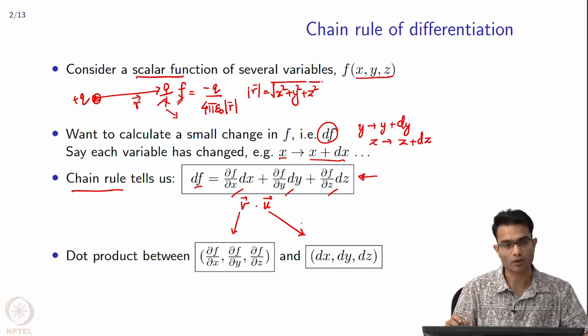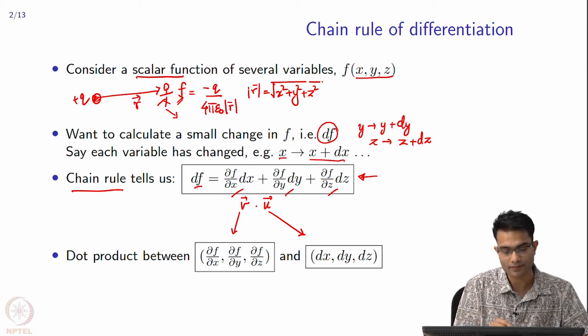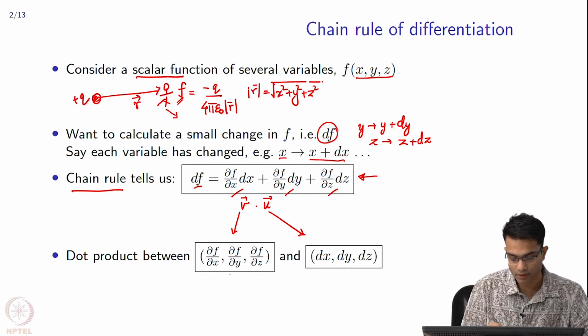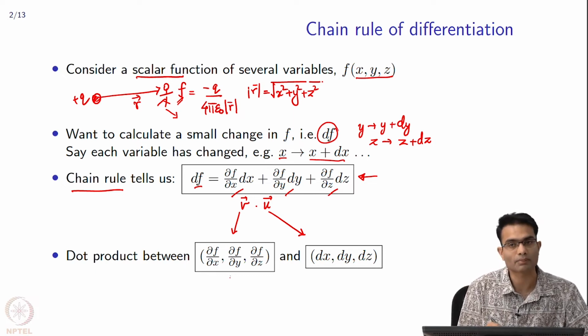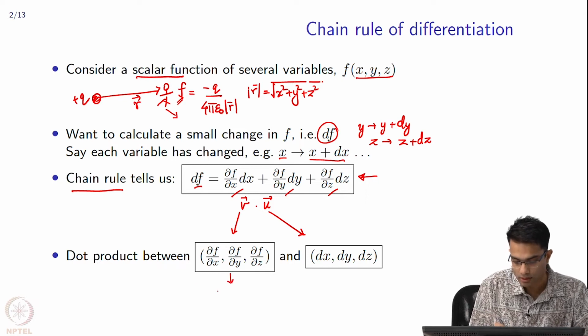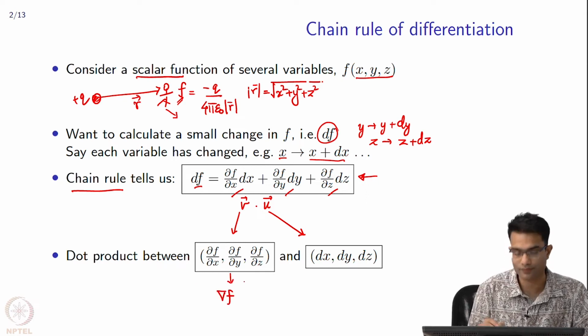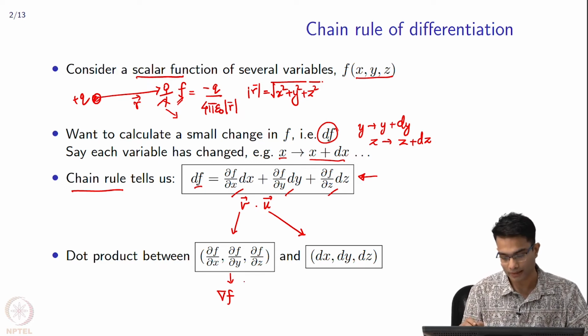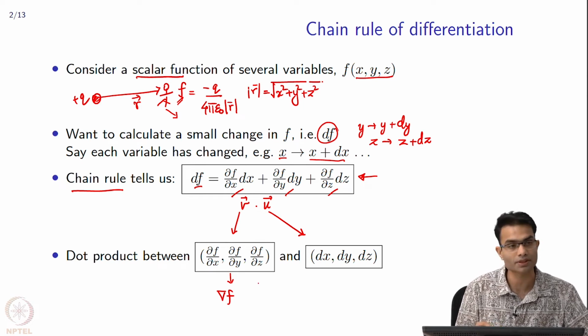So, what I have got is this change over here, df, is the dot product of 2 vectors, and this vector over here is something which appears time and again. So, this is defined as the gradient of f. Okay. So, it is a vector, and so it has 3 components over here, and this is the shorthand notation for it.